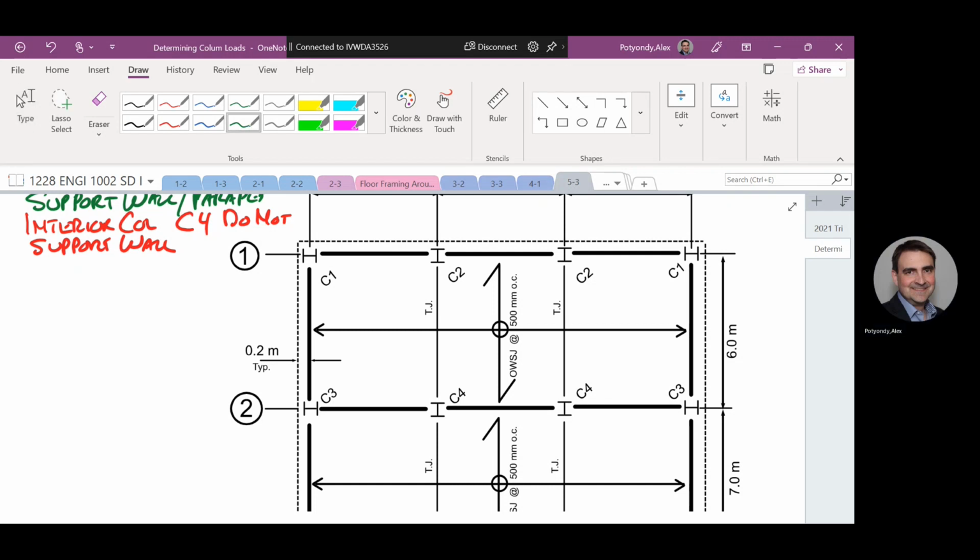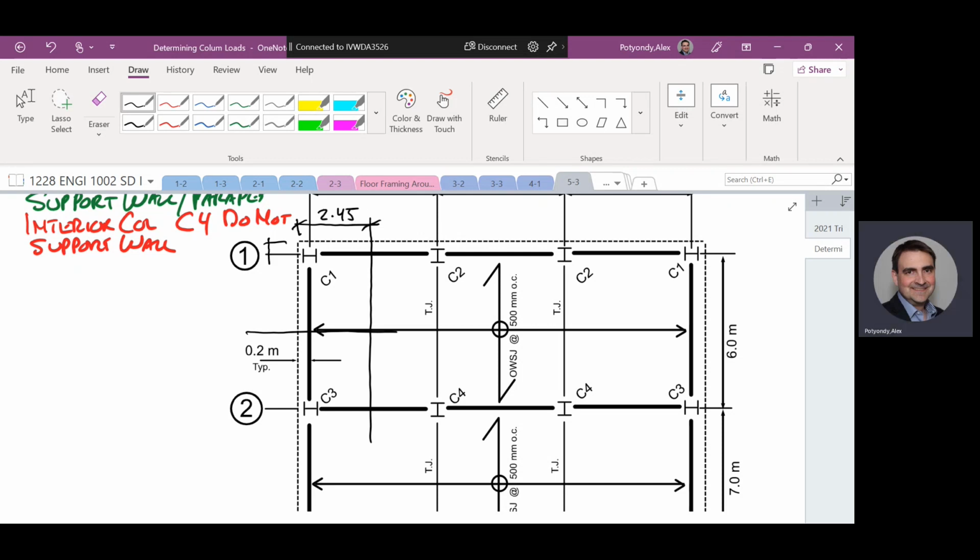When we look at column C1, from our previous calculations, we know this dimension is 2.45. And this dimension here is 3.2.